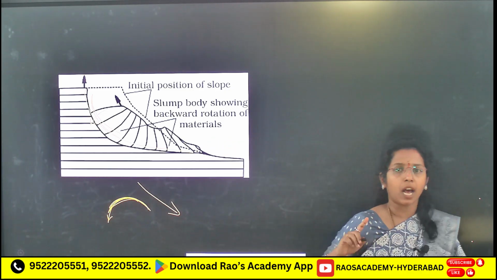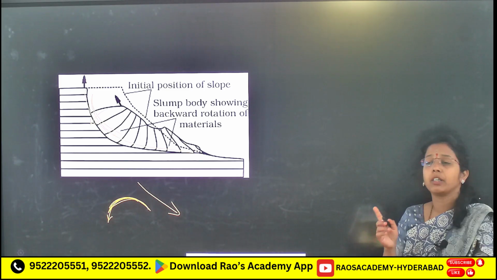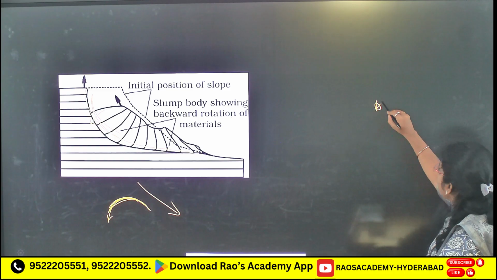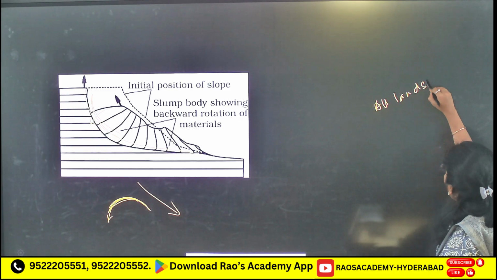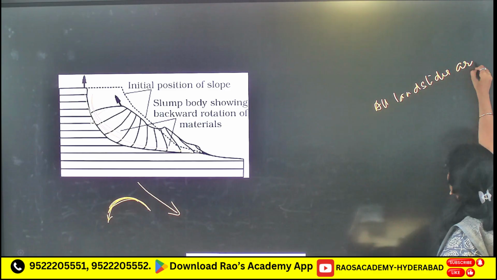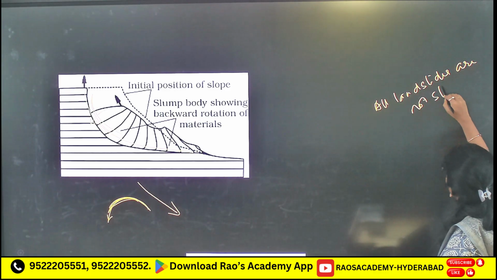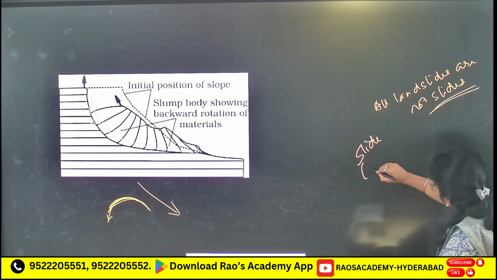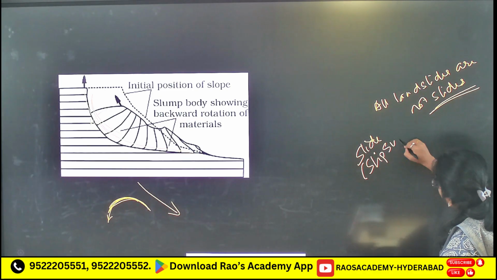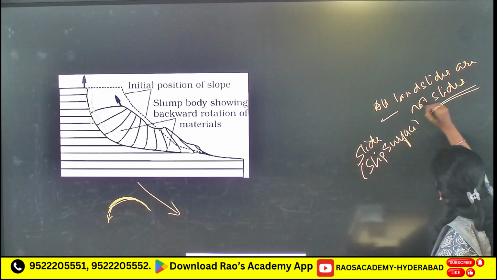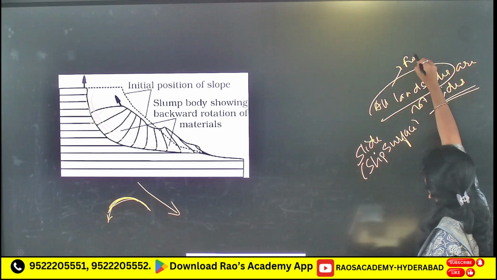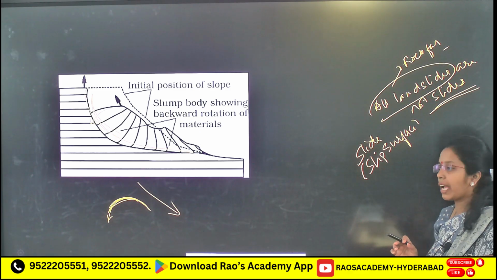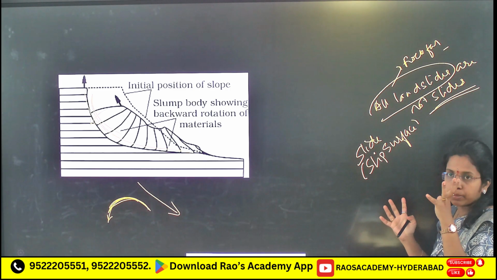All slides are landslides, but not all landslides are slides, because in a slide you will see a slip surface, but for example rock fall also comes under landslide. Landslide is a broader term.